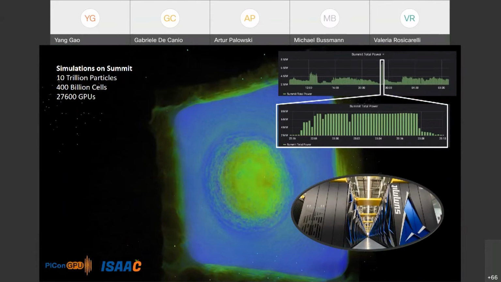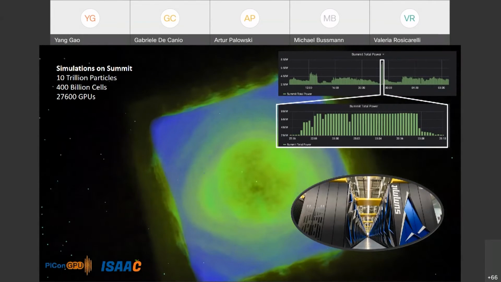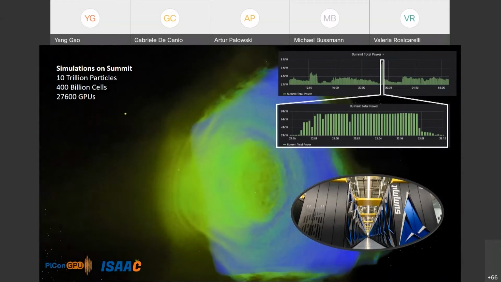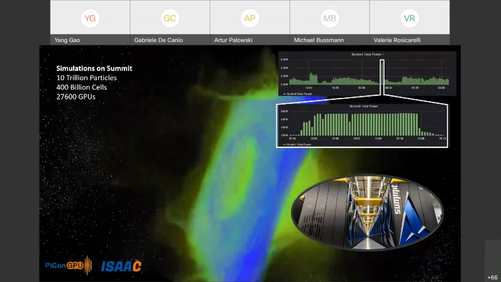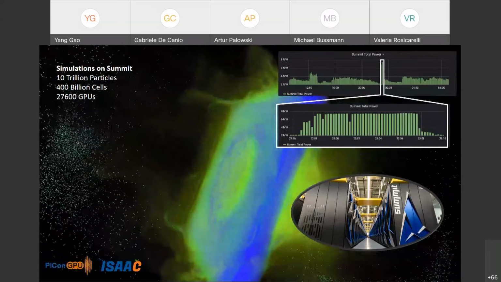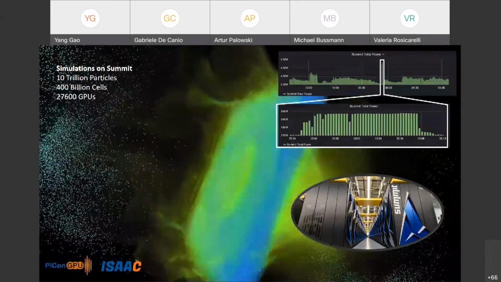And giving that much input to a neural network is a challenge by itself. So just remember, we're now having 10 trillion particles, 400 billion cells, 28,000 GPUs. That's what we're talking about. This is petabyte size per hour data rates, really.